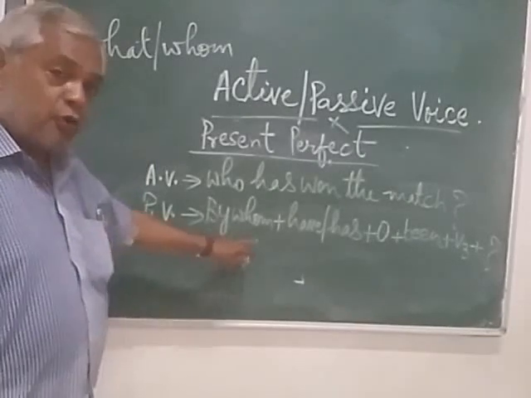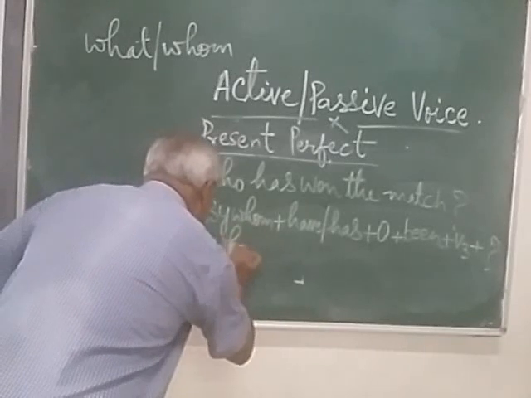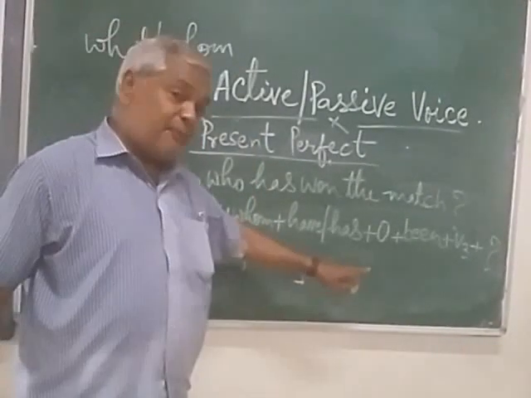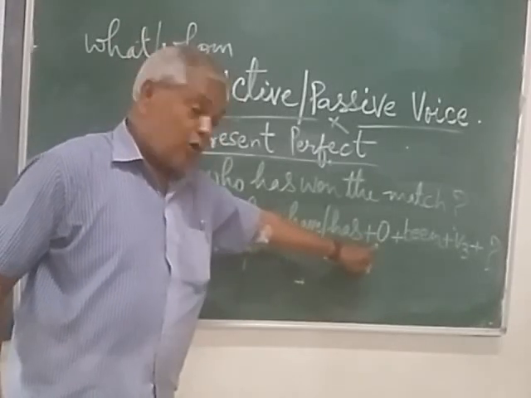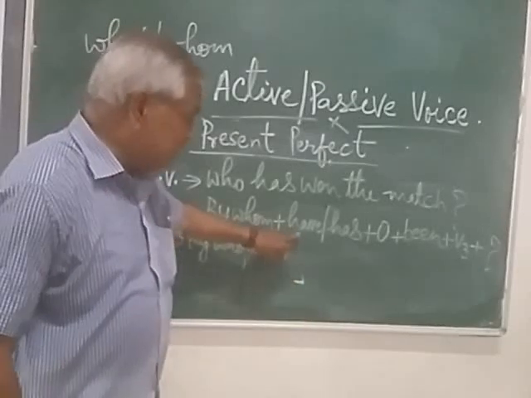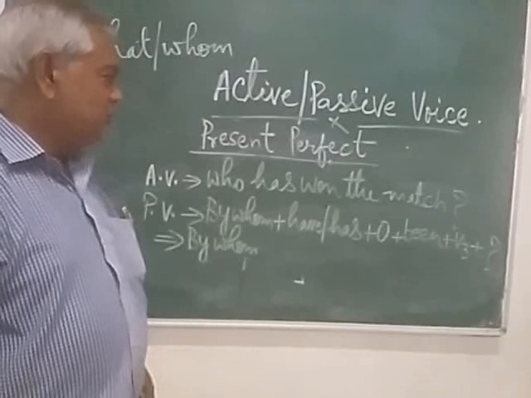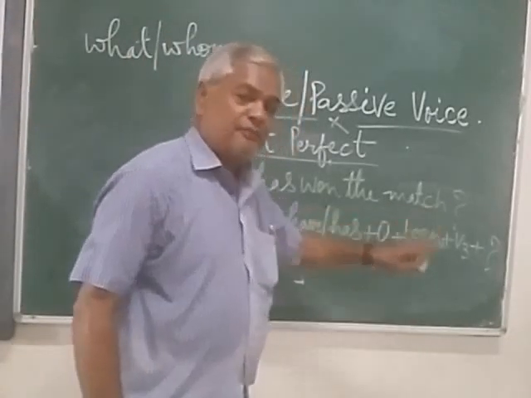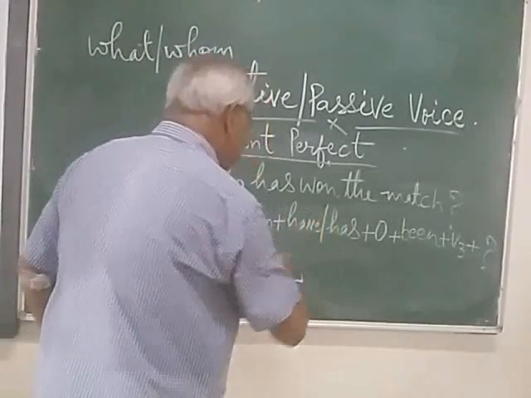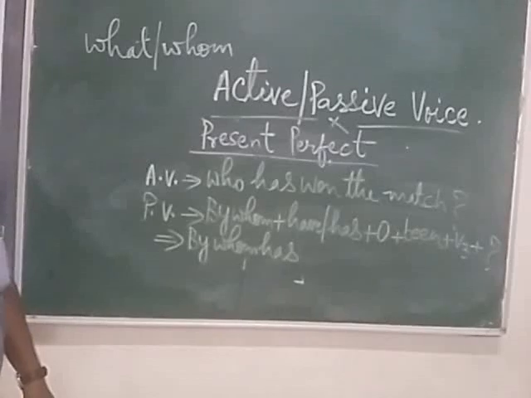So first, write down by whom. Then first of all, you have to find out whether the object is singular or plural. Only then can you apply these helping verbs. So here the object is the match. That is singular. So for singular, has is used. By whom has.